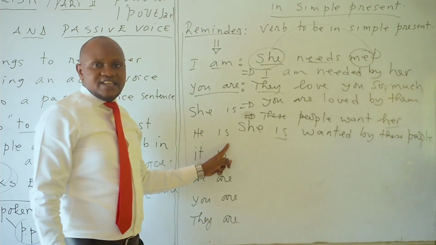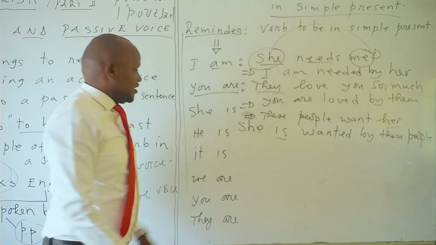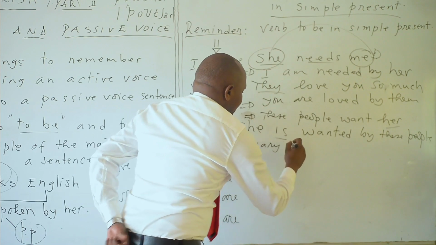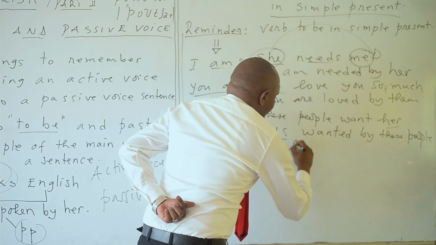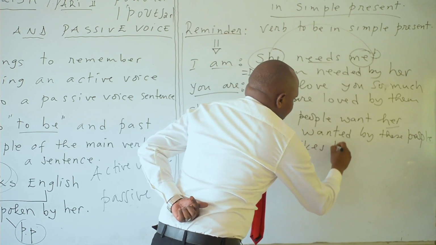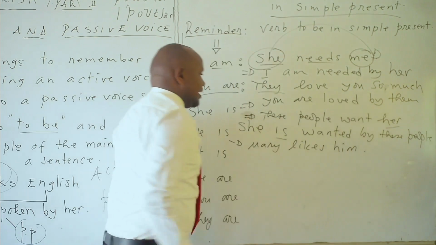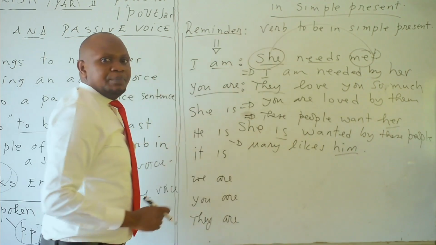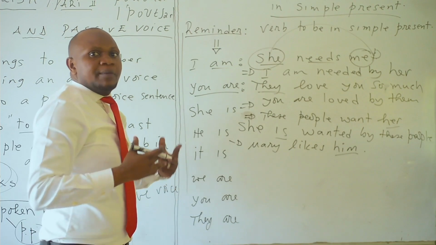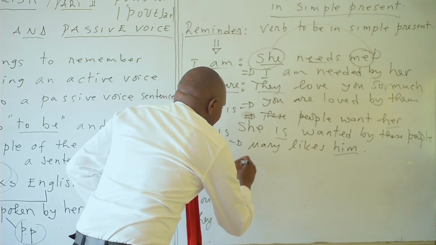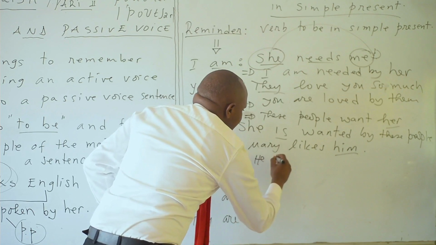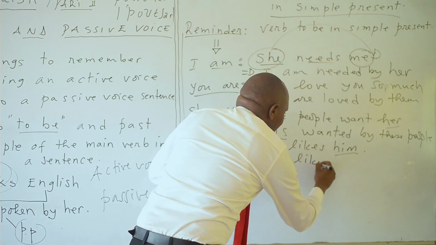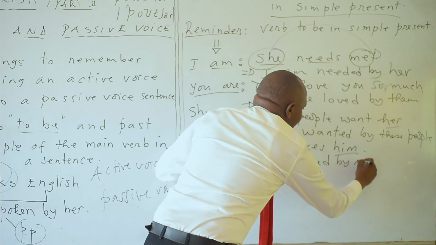The next is he. For example, I can say, Mary likes him. Mary likes him. Here, him is going to be he, or it is going to become he. He, then here we are going to say, he is, okay, he is liked by Mary.